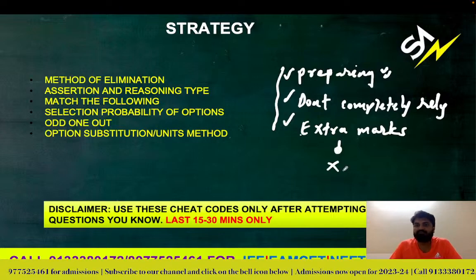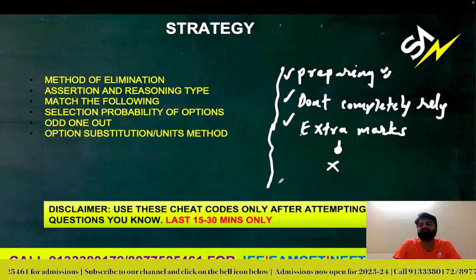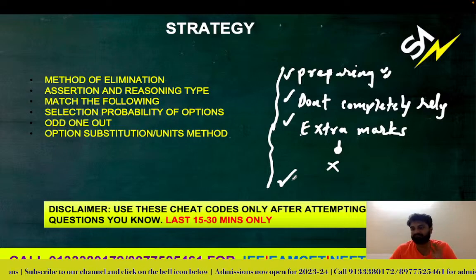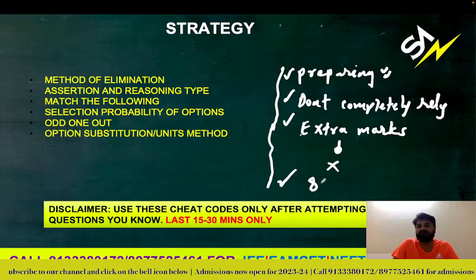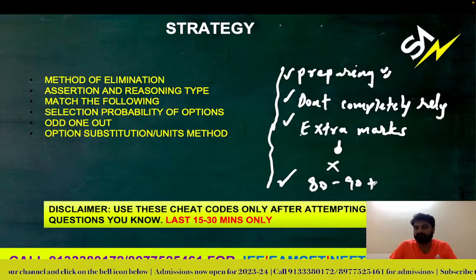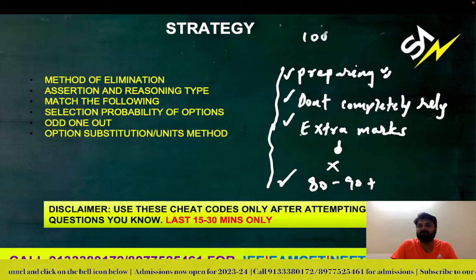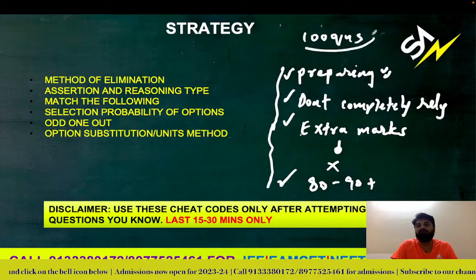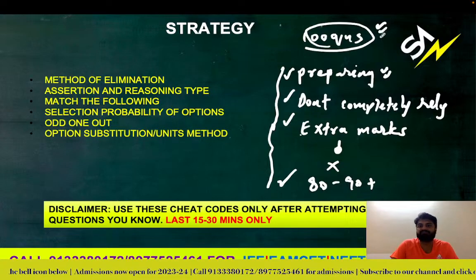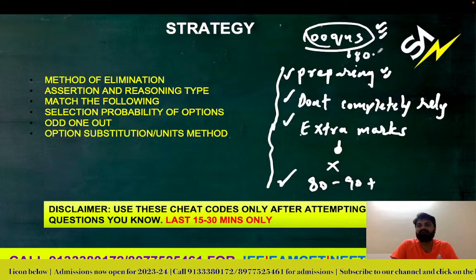The first thing is we are following the same strategy, our preparation strategy, the target to score 80-90 plus. So let us say 100 questions you have gone through and you could solve 80-90 questions.